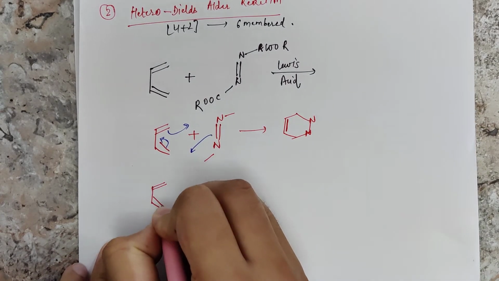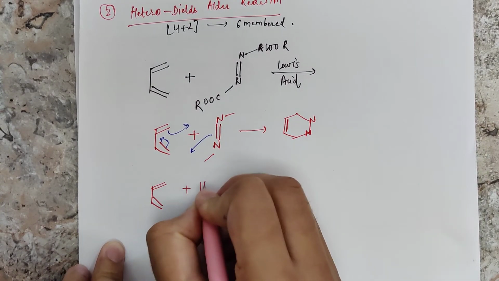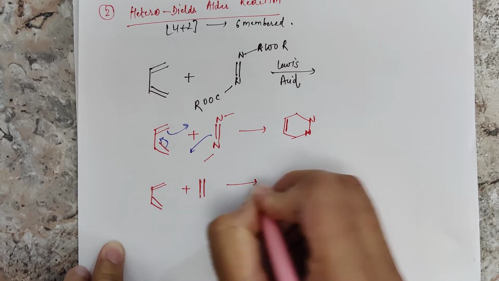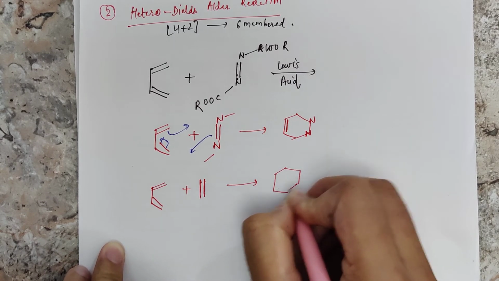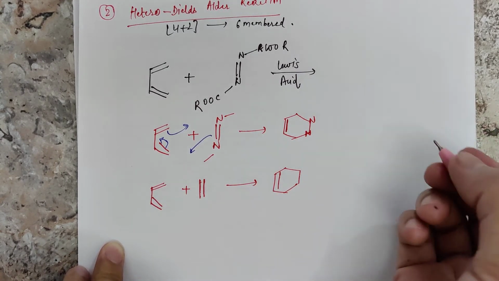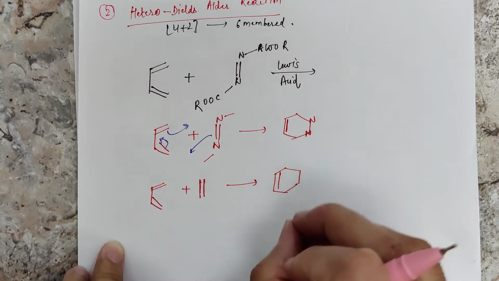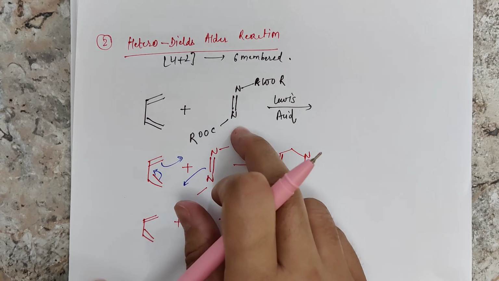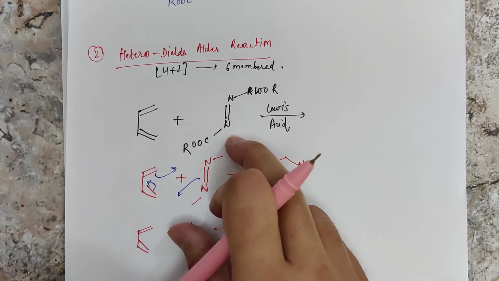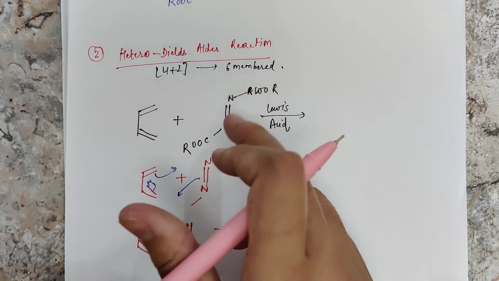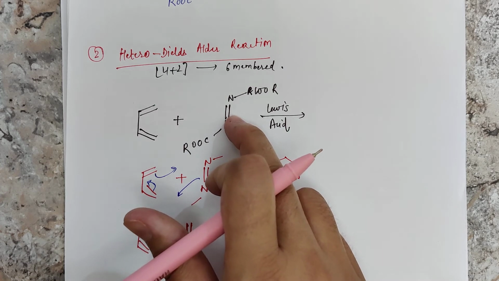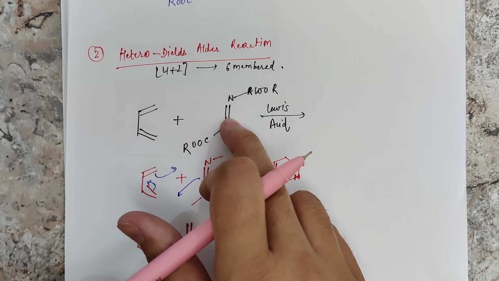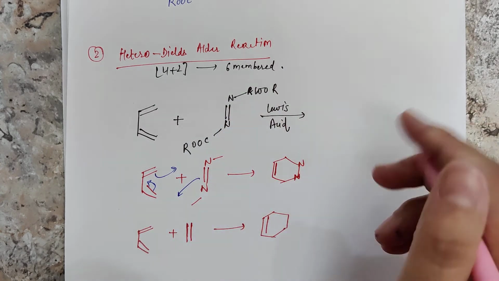And in traditionally Diels-Alder reaction you have studied, अगर ऐसा है तो you get a product like this. So the mechanism is same. The only difference is instead of alkene we have a diester of azodicarboxylic acid. ठीक है.